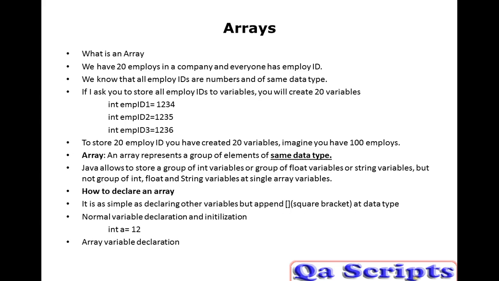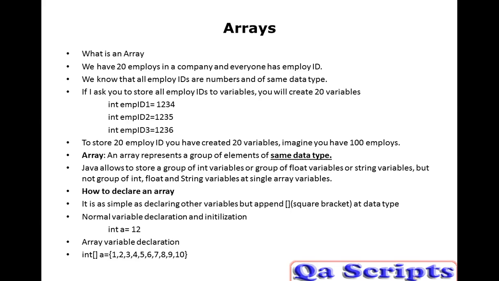Array variable declaration, how is it different from normal variable declaration? As I said, we have to append square brackets to the data type. Here I have used int square brackets. As usual, the variable name, now called the array name, that is a, equals, since this is a group of elements, it's not going to store only one value.